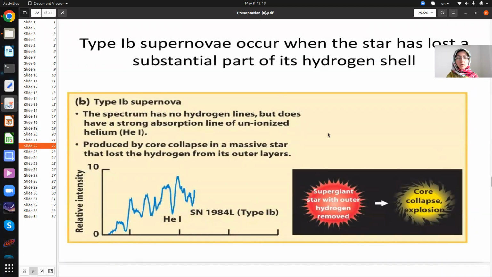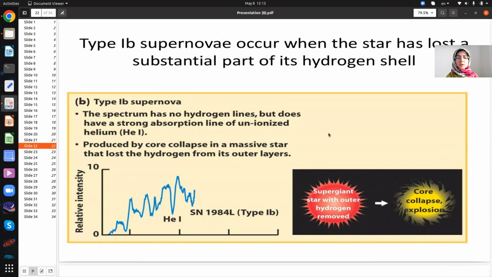Type 1b supernovae occur when the star has lost a substantial part of its hydrogen shell. In a type 1b supernova, the spectrum has no hydrogen lines, but does have a strong absorption line of un-ionized helium-1.